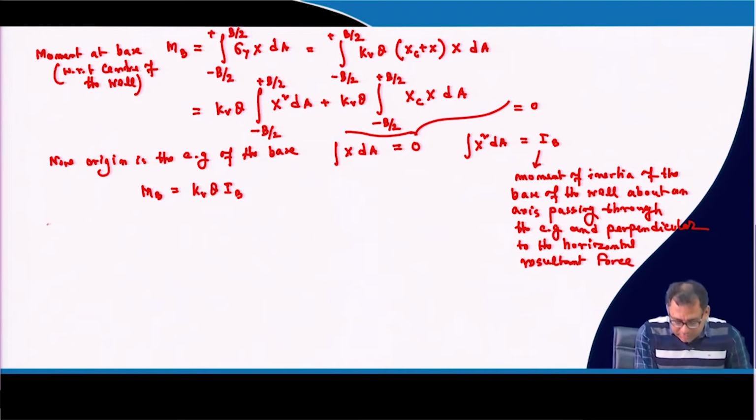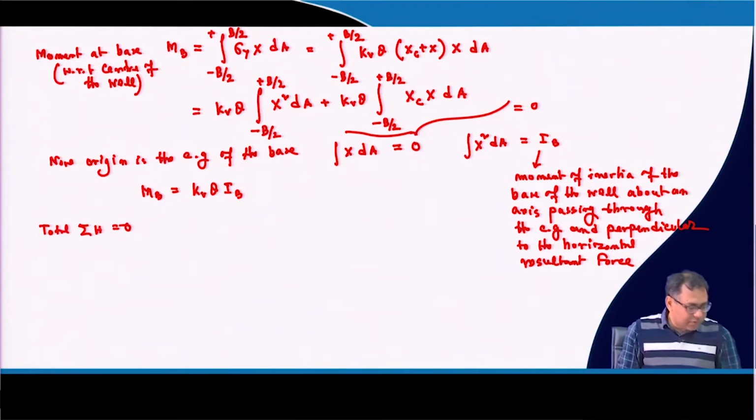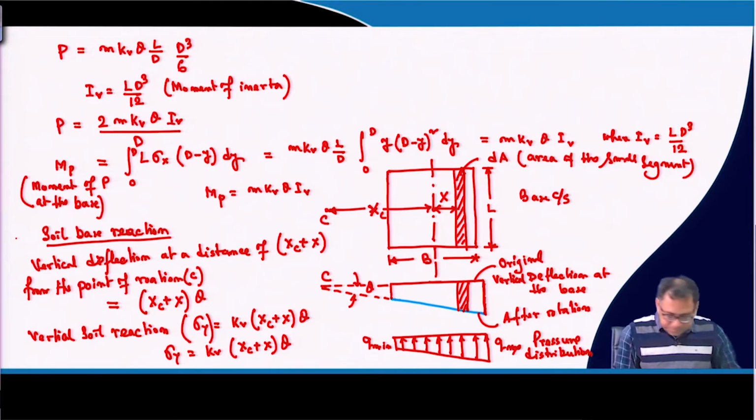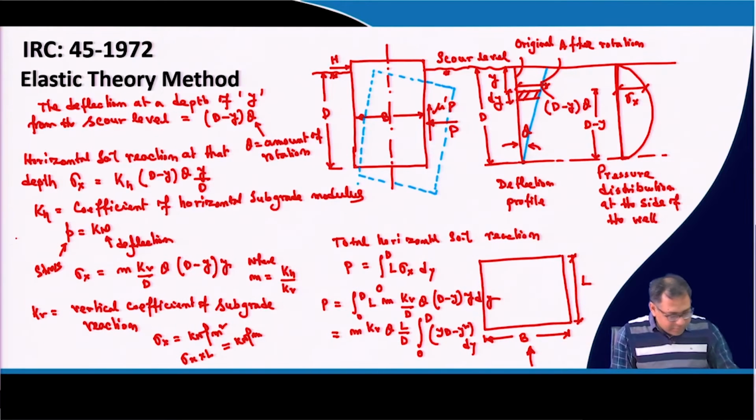Now, the total summation of the horizontal forces. So, what horizontal forces are acting on this well? You can see that P is one horizontal force.